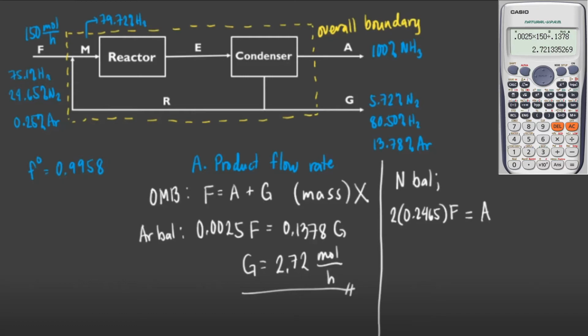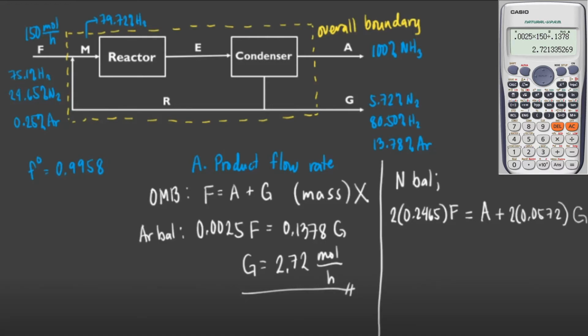And also in the product side, we have to add the contribution of the nitrogen in the purge stream. So that is plus 2 times 0.0572. That is 5.72% of the purge stream is nitrogen.